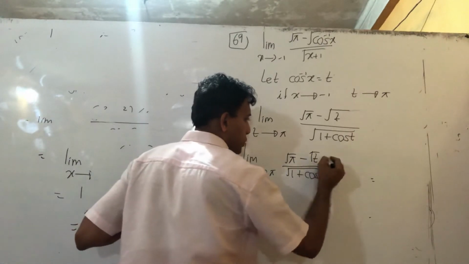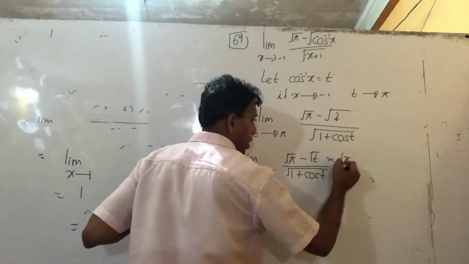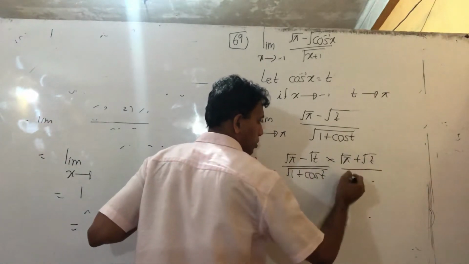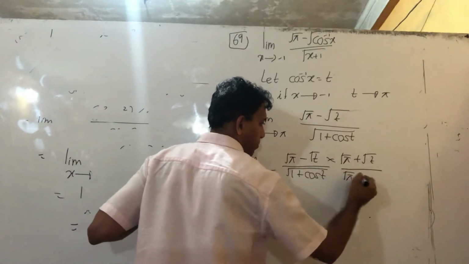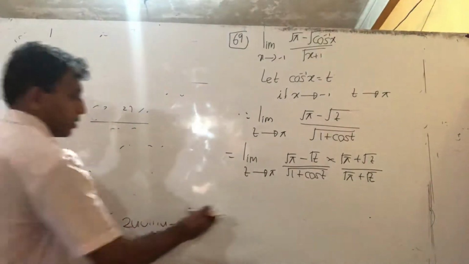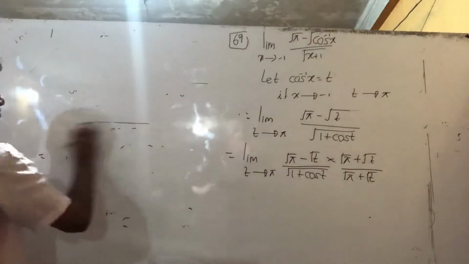Completely multiplied by root pi plus root t, over root pi plus root t, okay?